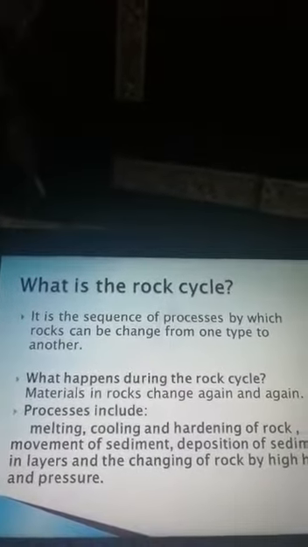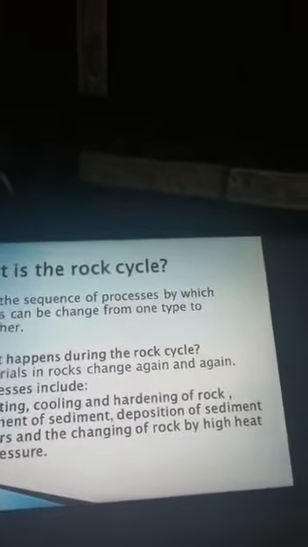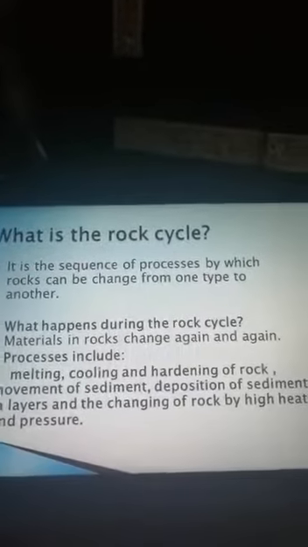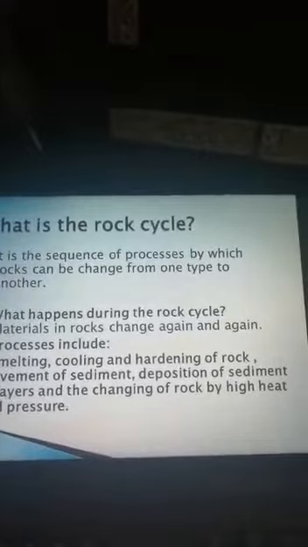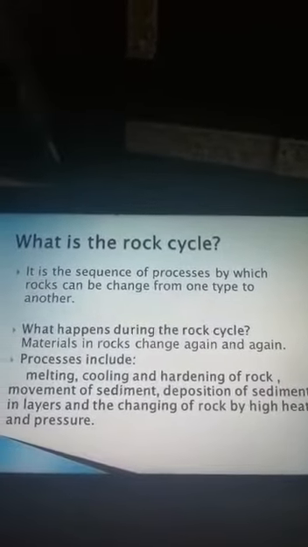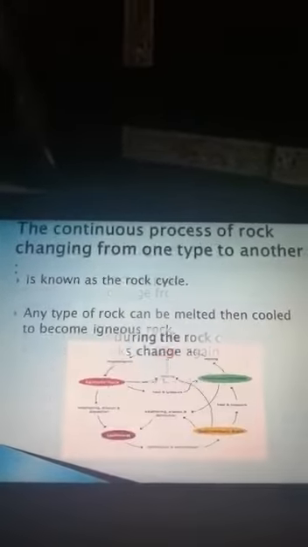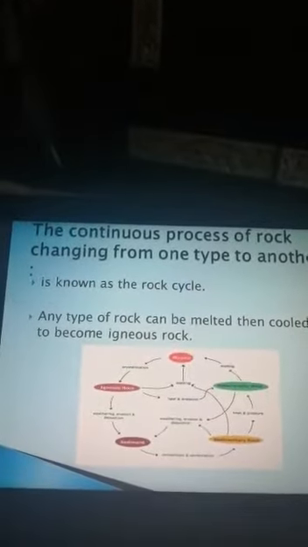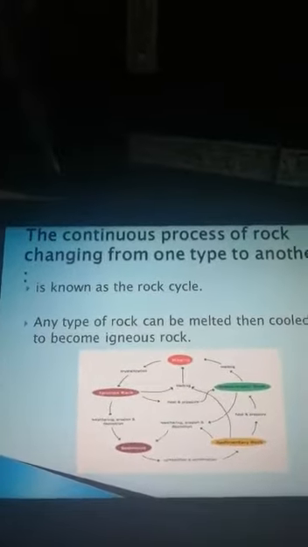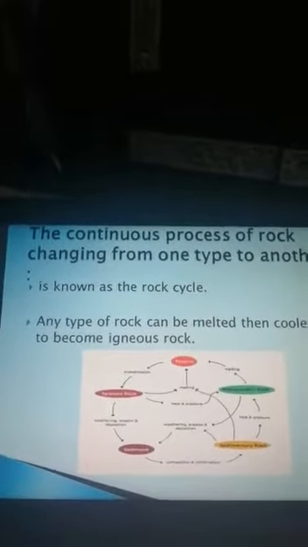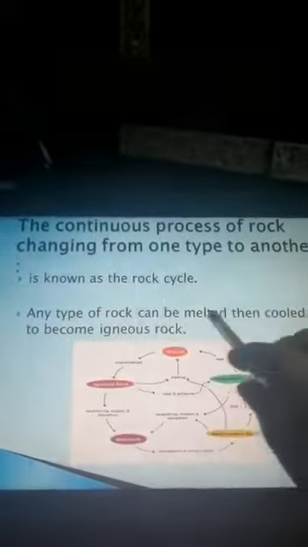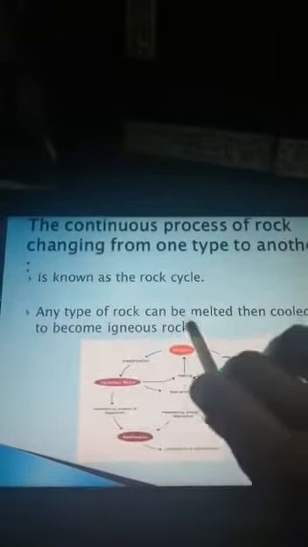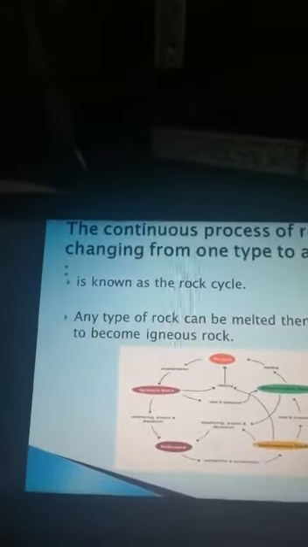The rock cycle includes melting, cooling, hardening of rock, movement of sediment, deposition of sediment in layers, and the changing of rock by high heat and pressure. And any type of rock can be melted then cooled to become igneous rock.